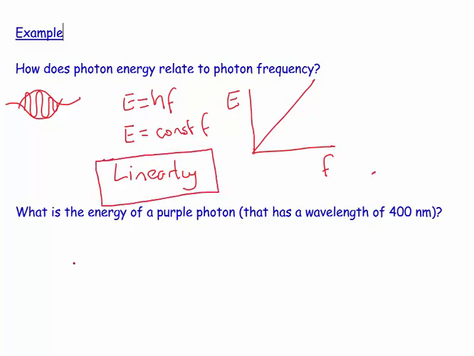And then the second question is, using this, what is the energy of a purple photon, which incidentally has a wavelength of 400 nanometers. So here we have a wavelength, and so we have a certain frequency, of course, and that frequency can be converted into a wavelength.